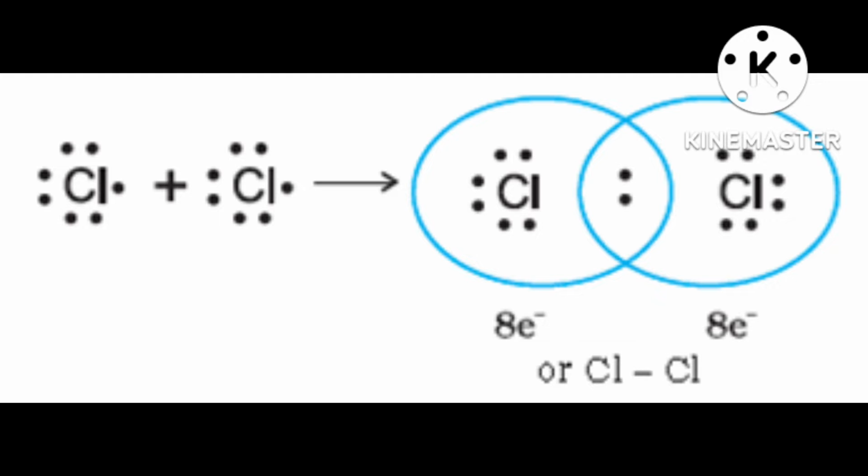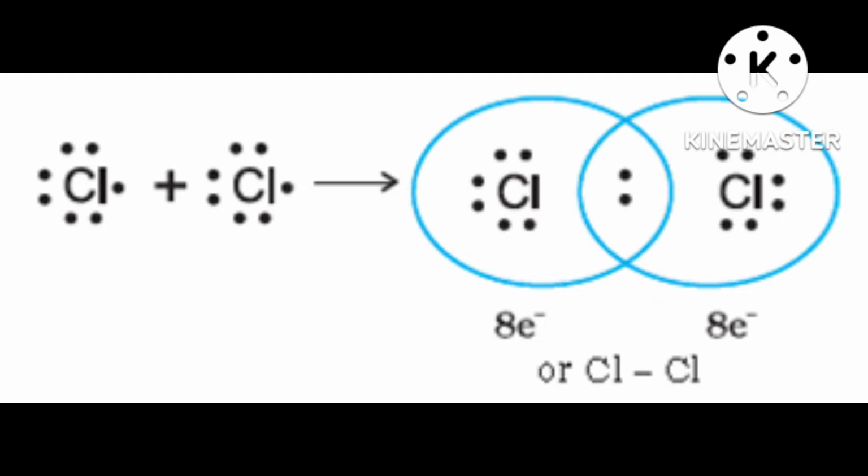Since the formation of chemical compounds takes place as a result of combination of atoms of various elements in different ways, it raises many questions. What are the questions? Why do atoms combine? First question.